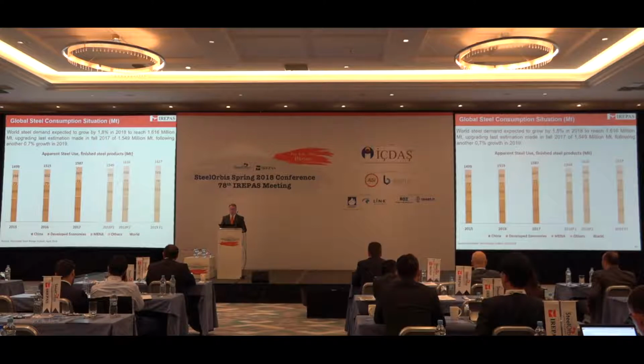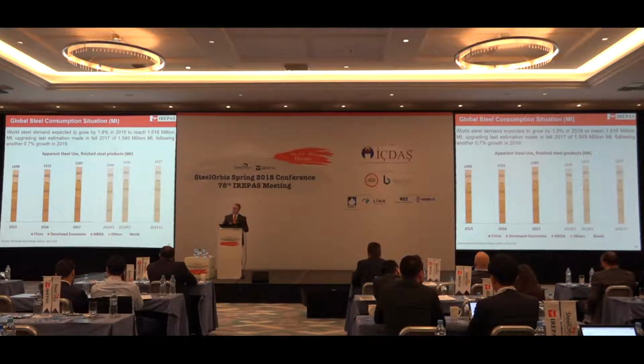The reason for the slowdown of the growth in the steel consumption for 2019 is also China, because World Steel thinks today that Chinese consumption will decrease 50 million tons in the year 2019. The rest of the world will continue growing in the steel consumption, but China will slightly decrease.